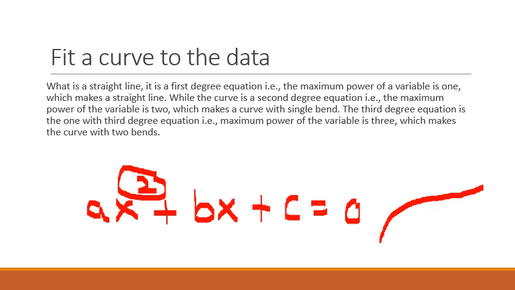The third degree equation is the one with degree 3. We can call it a cubic equation, C U B I C. A cubic equation is the one with third degree, that is, the maximum power of the variable is 3, which makes a curve with two bends like this.